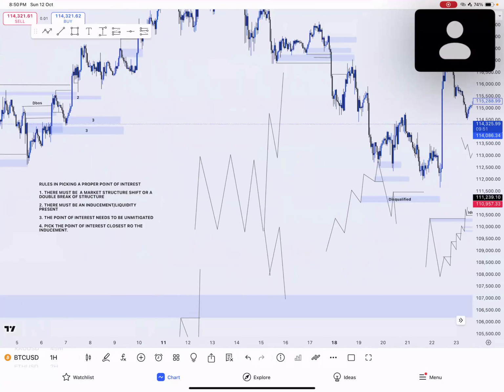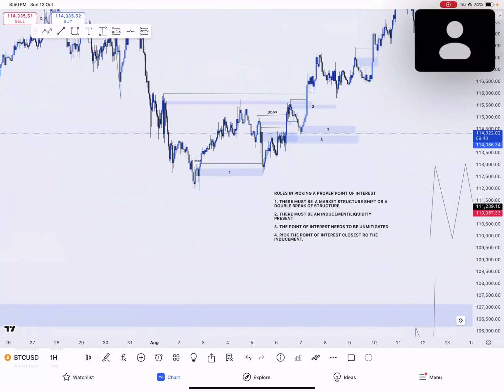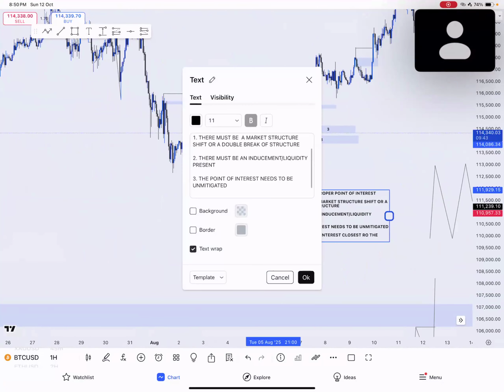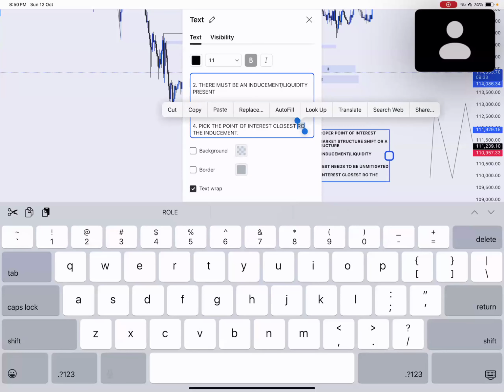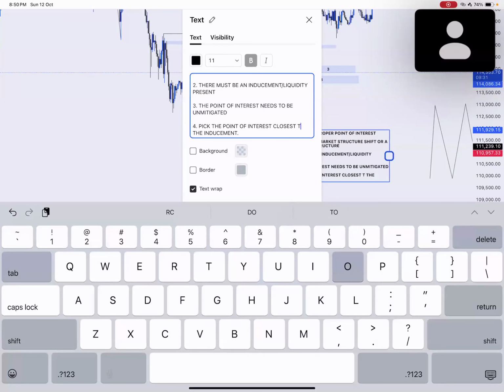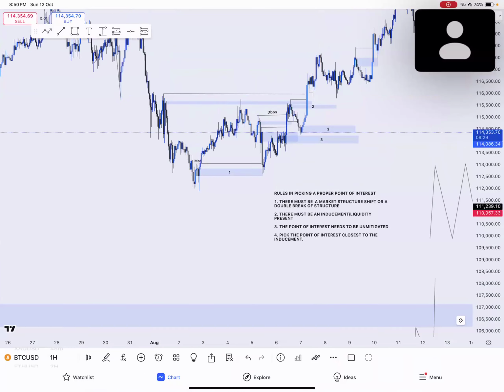So how do you pick your point of interest? The final rule says, pick the point of interest closest to the inducement. So after you've marked out the POIs, marked out your inducement, and disqualified the ones that have been mitigated by your inducement, you now have to pick the point of interest that is closest to where your inducement is.